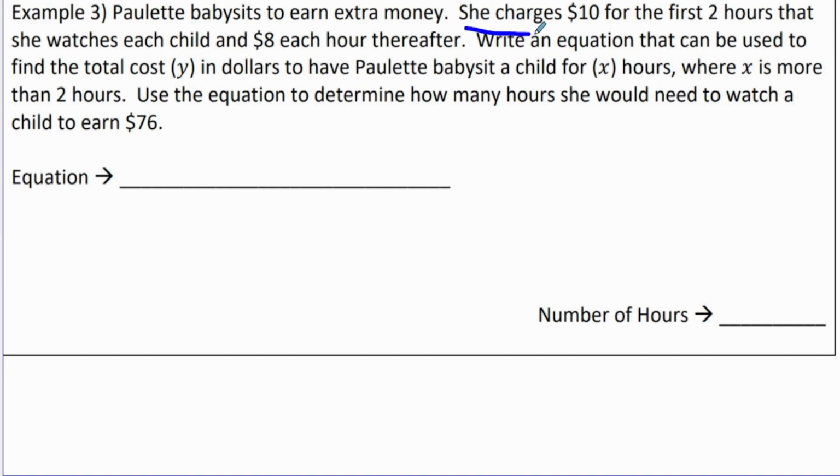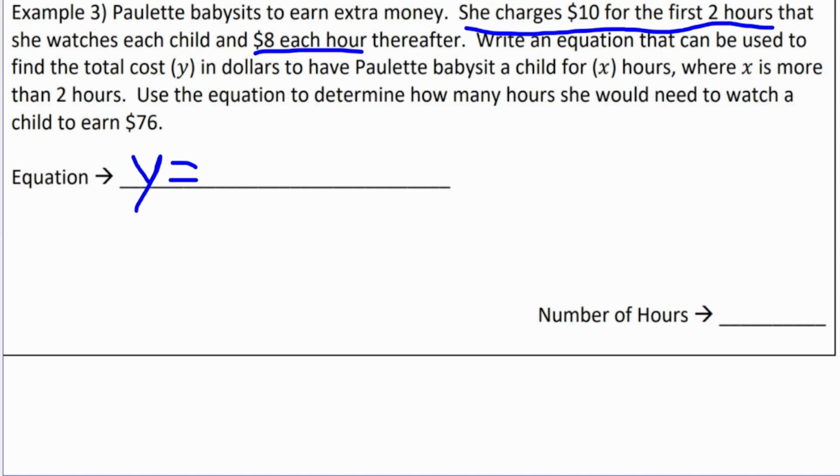She charges $10 for the first 2 hours that she has to watch, and then $8 for each extra hour. So how do we say that? Y, our total cost, is equal to, and then it's $10 for the first 2 hours.